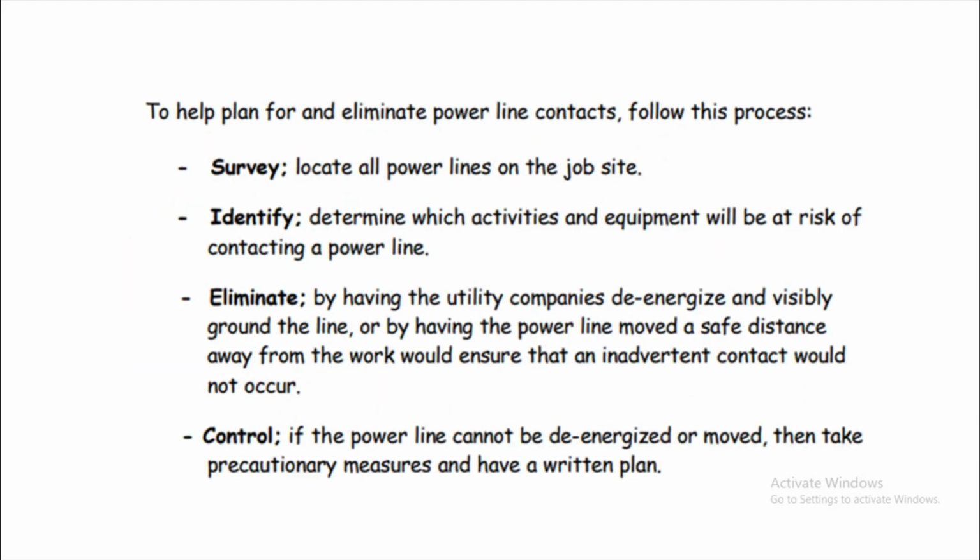Eliminate. Having utility companies de-energize and visibly ground the line, or having the power line moved a safe distance away from the work, would ensure that an inadvertent contact would not occur. This elimination is sometimes possible, but most of the time it is not.